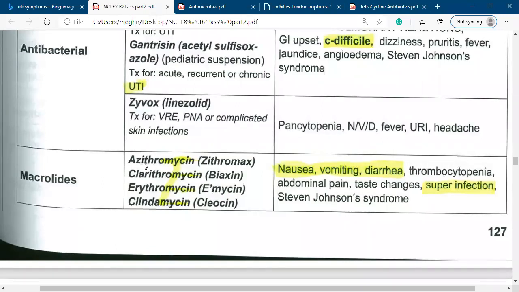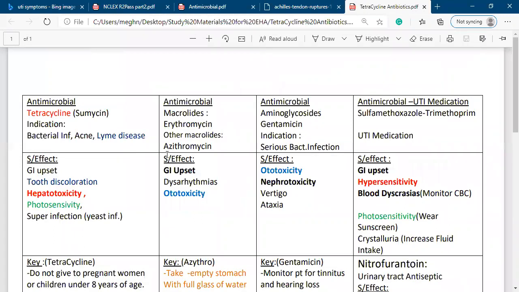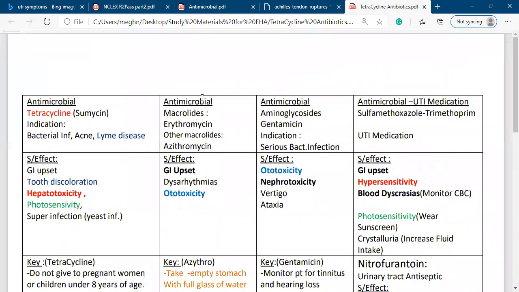Azithromycin is frequently used for respiratory tract infection.